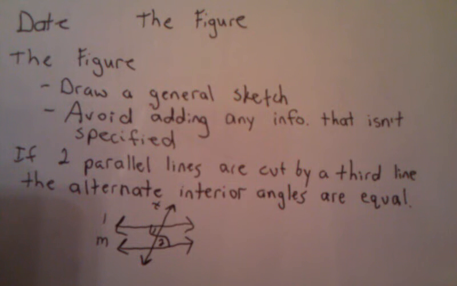We named the lines and the angles, but that's all that we did. If two parallel lines, we drew two parallel lines, are cut by a third line, we drew the third line. The alternate interior angles are equal, so we put the angles there. That's all we can do.